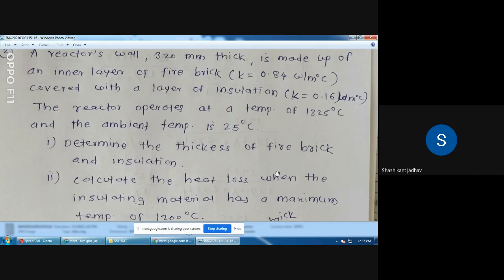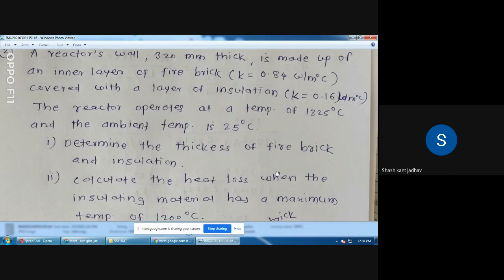Second: calculate the heat loss when the insulating material has a maximum temperature of 1200 degrees Celsius.